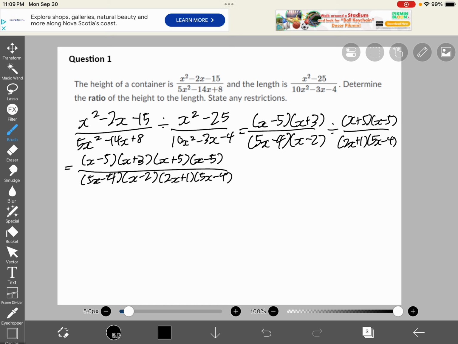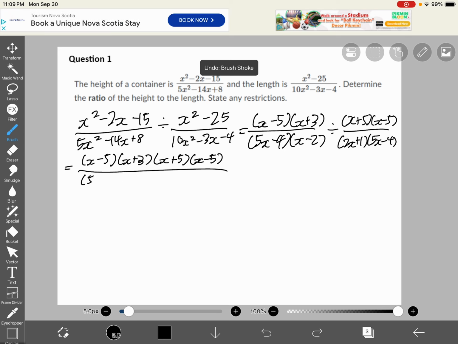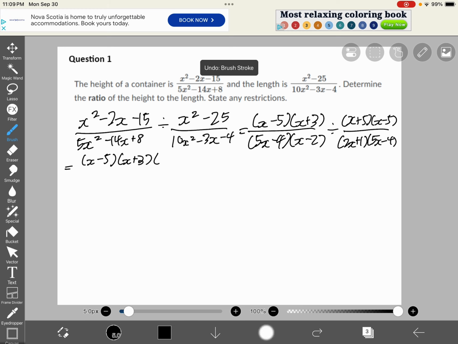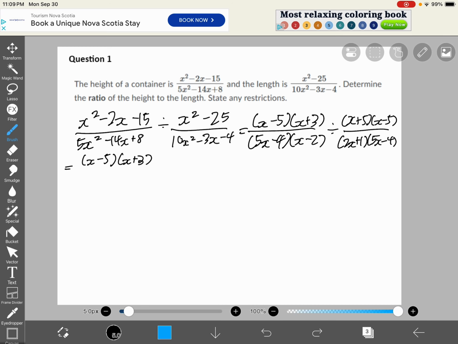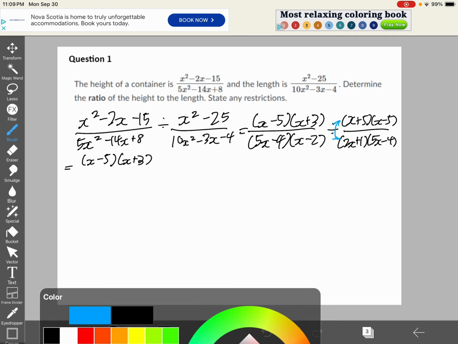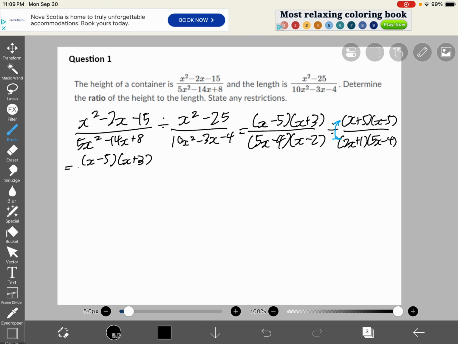Oh wait, no. I messed it up. Sorry. We have to actually reverse these two. Wait, let me just. Yeah. So when we move it, it's going to be like this.